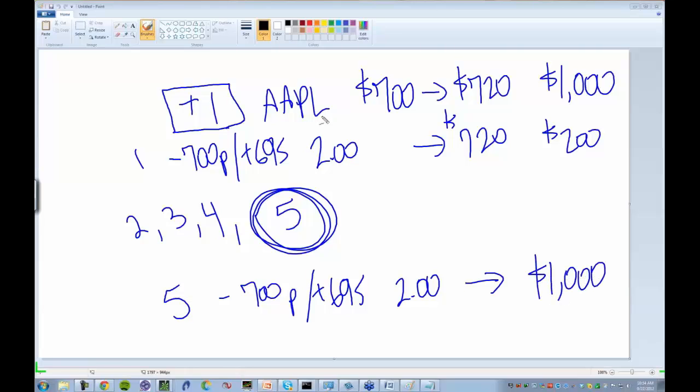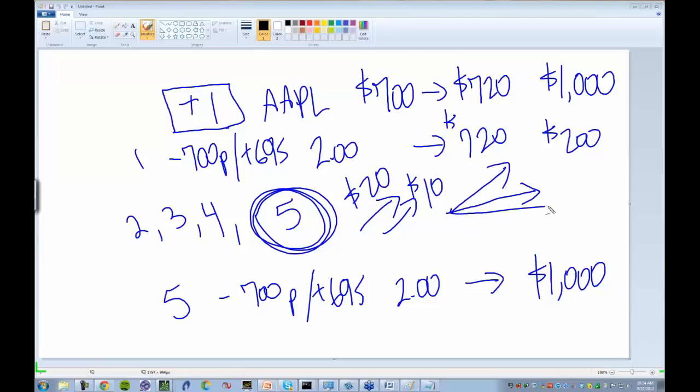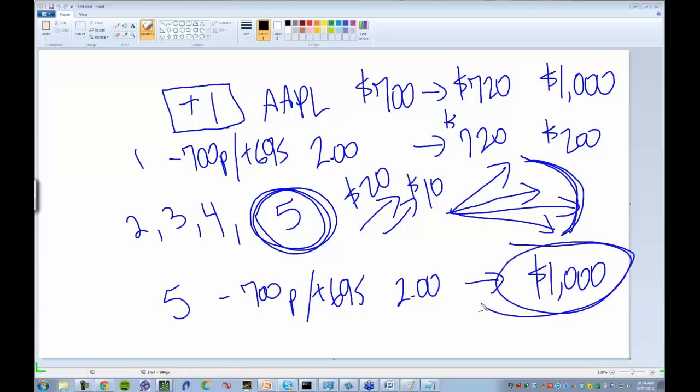And guess what here, guys? Apple doesn't have to go on this 20-point rally, which drags up that call $10 to do that. Apple could go up, it could go up a little bit, it could go sideways, it could go down, okay? It could do any of these 4 things, and I would make my $1,000. On my directional call, it has to go up, and it has to go up in a big way for that to happen. Once this concept sank in, suddenly my whole trading regime just kind of changed around.